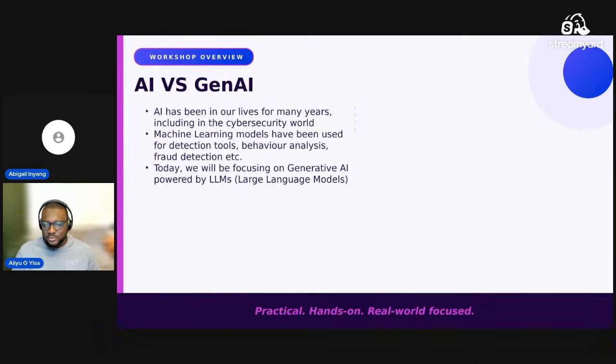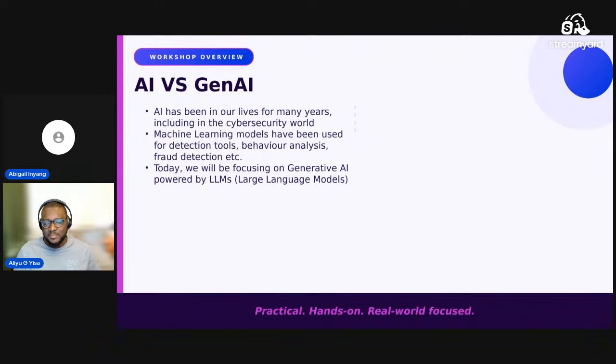Before we go into this, I wanted to flag this difference. We use the acronym AI a lot, but most of the time when somebody says AI nowadays they actually mean generative AI. AI has been part of our lives for many years already, including in the cybersecurity world.